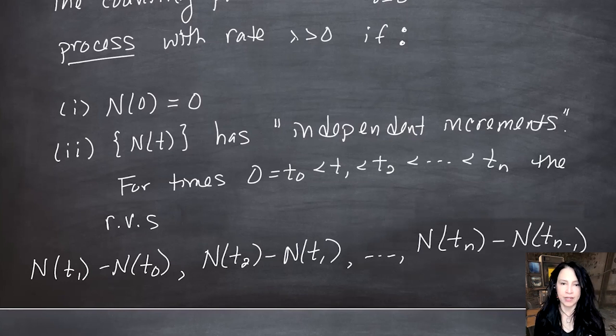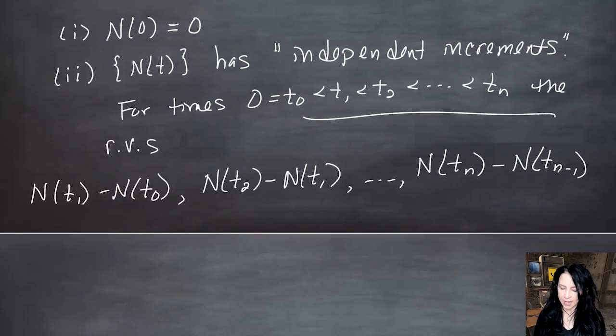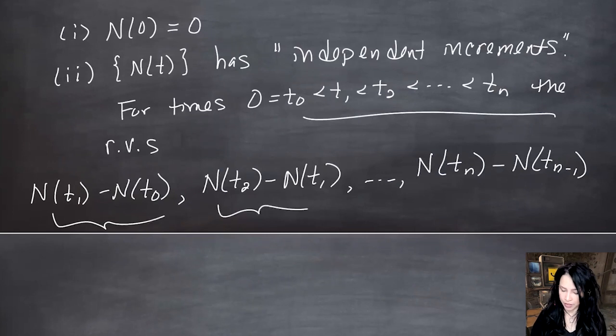These are random quantities. These are non-overlapping intervals of time, and these are random variables. So how many are going to be in here versus here? These are random variables. So these are independent.